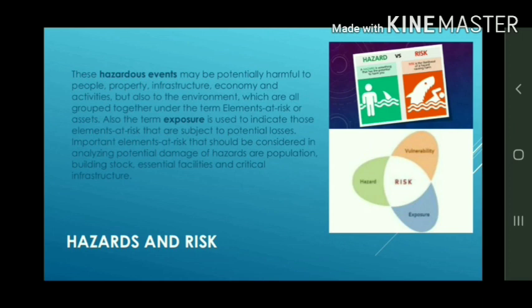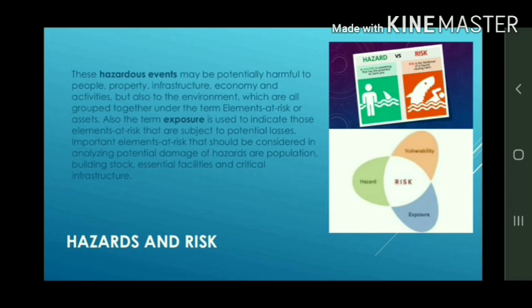Exposure, on the other hand, is defined as the situation of people, infrastructure, housing, production capacities, and other tangible human assets located in hazard-prone areas. As stated in the United Nations glossary, measures of exposure can include the number of people or type of assets in an area.